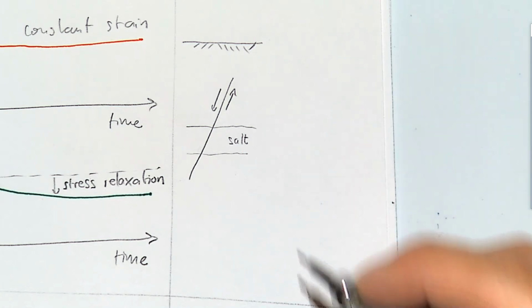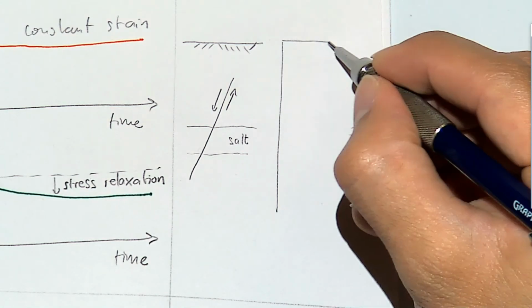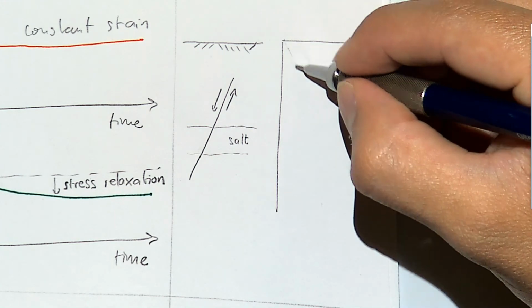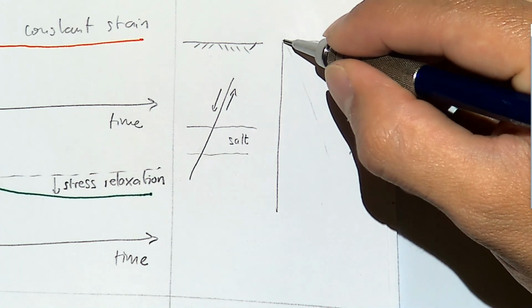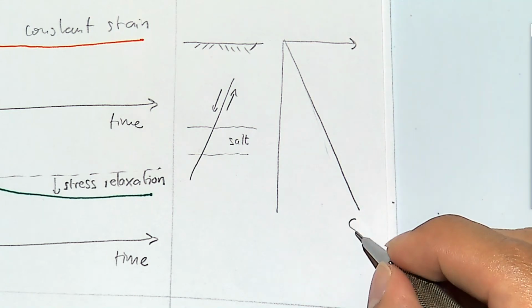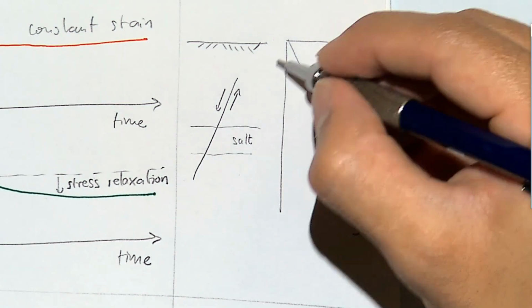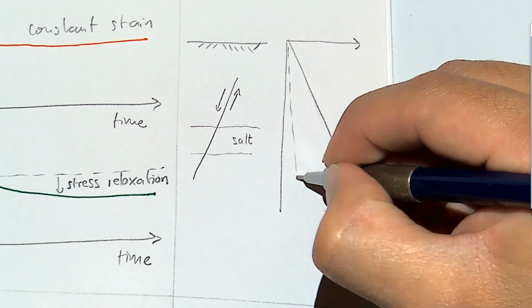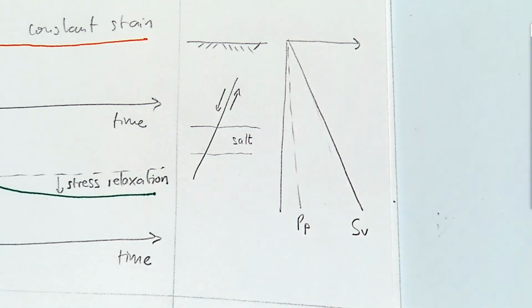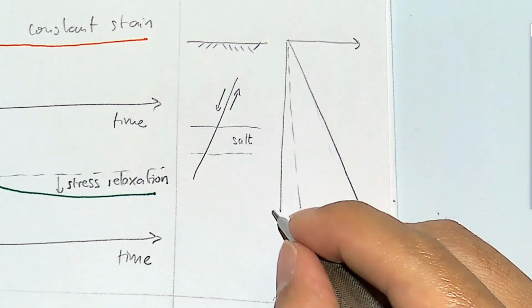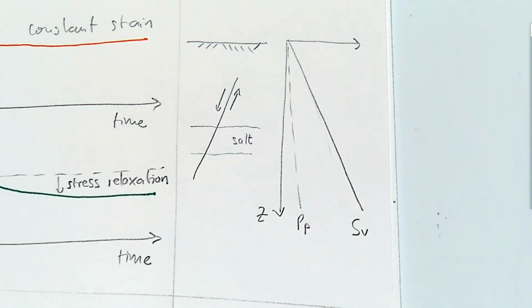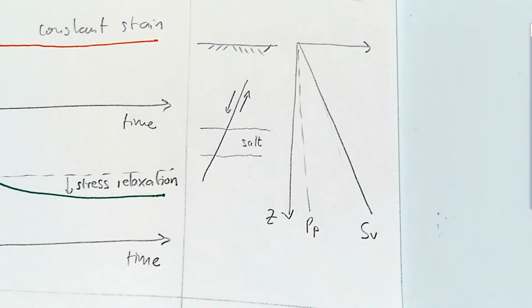A normal fault, if this is the vertical stress, and somewhere here we have the pore pressure, means that the effective horizontal stress is low enough to cause shear failure with respect to the effective vertical stress.